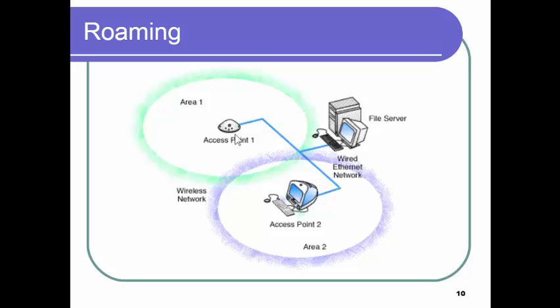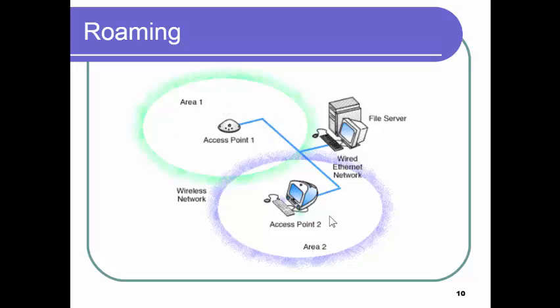Suppose the mobile station is moving from area 1 to area 2, at that time the handoff kind of procedure is observed. And here in this particular case the overlapping of the wireless networks is most important.